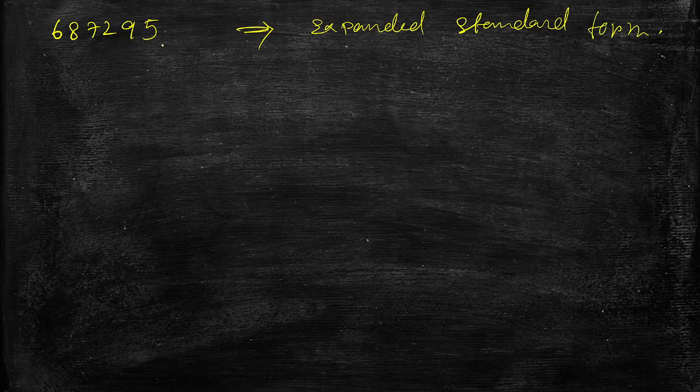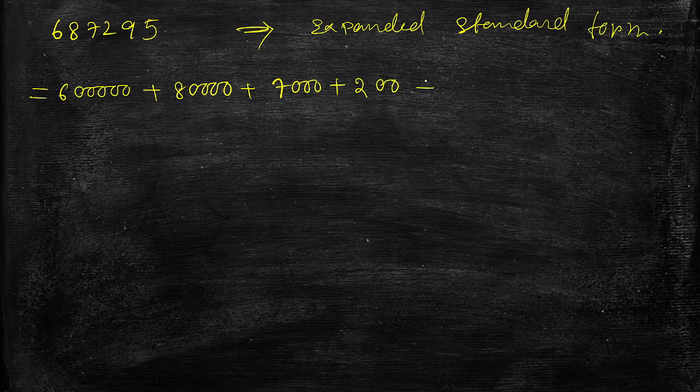So initially if we rewrite as an expanded form, what will we do? 6 times 10 to the power 5, plus 8 times 10 to the power 4, plus 7 times 10 cubed, plus 2 times 10 squared, plus 9 times 10, and plus 5.